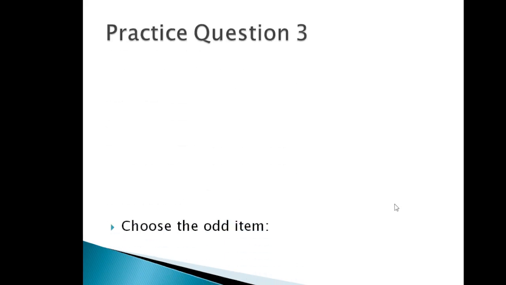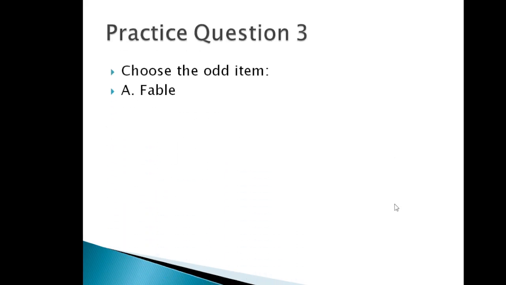The next practice question says choose the odd item. A, fable. B, legend. C, adjective. D, myth. Fable, as we are aware or may be aware, is a story.